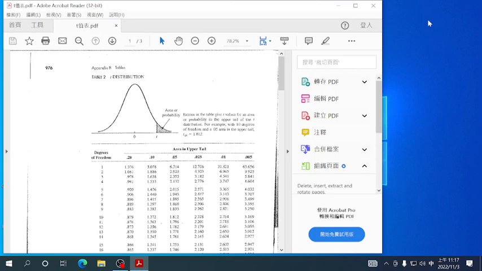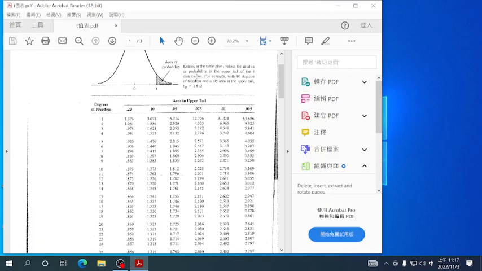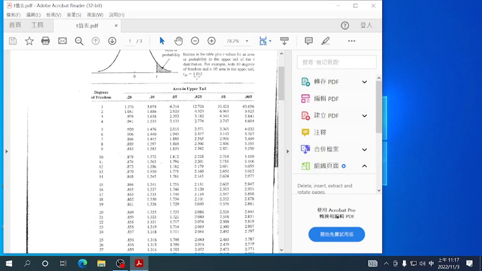So again, degrees of freedom is 20. For 20, the area in the upper tail for 10% is 1.325. It's the same as this one. And this is just one-sided since it is area in the upper tail.